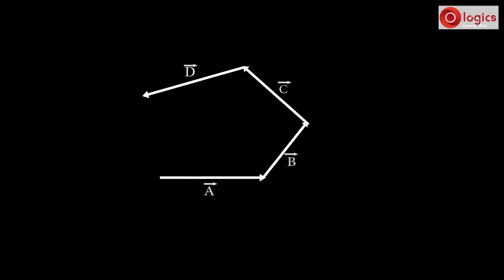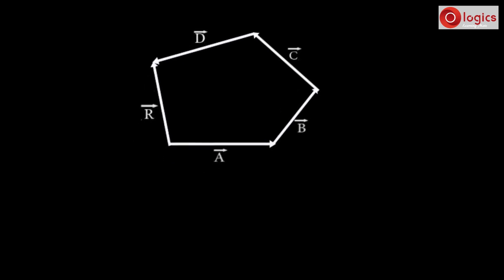Observe, we have an unfinished polygon with A bar on this side, B bar on this side, C bar on this side and D bar on this side. Now, draw a vector from the tail of A bar to the head of D bar. This vector is the resultant vector R bar, where R bar is the addition of A bar, B bar, C bar and D bar.